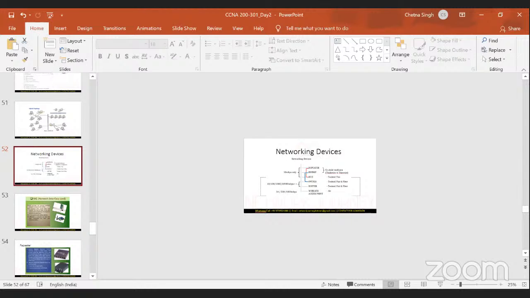Did you try doing slideshow? Yeah, I'm just trying to do it. I don't know why, but my cursor is not moving at all. Okay, just a minute, guys.